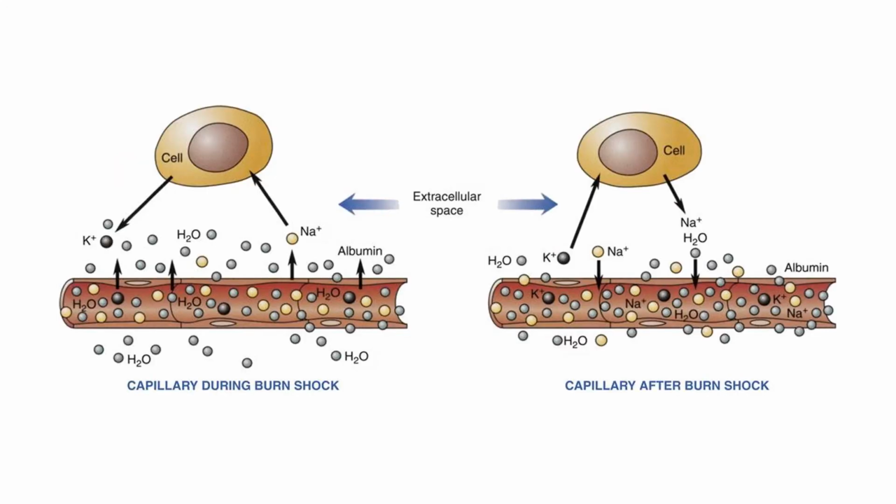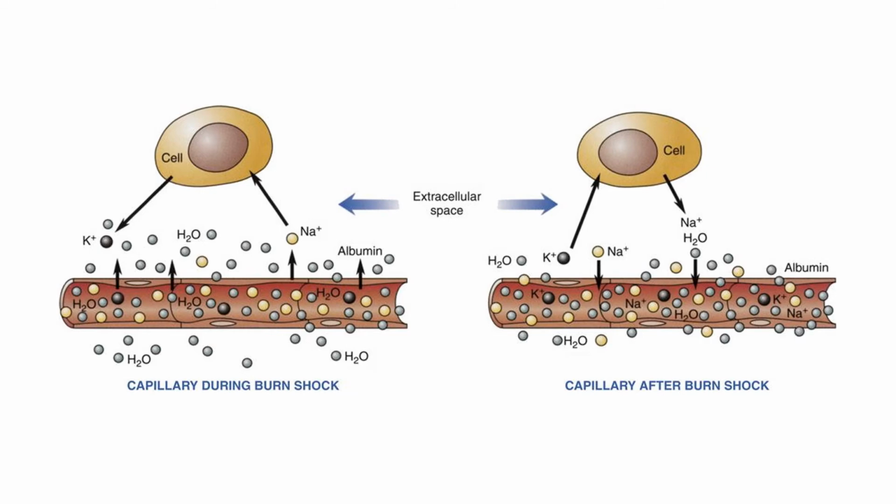And this is, I thought, kind of the best picture I found here of what is going on. So if you look on the left, we have the fluid shifts during burn shock, okay? So during the severe burn, we have sodium coming out into the interstitial space. We have albumin coming out as well. We have water, okay, which is all causing third spacing.